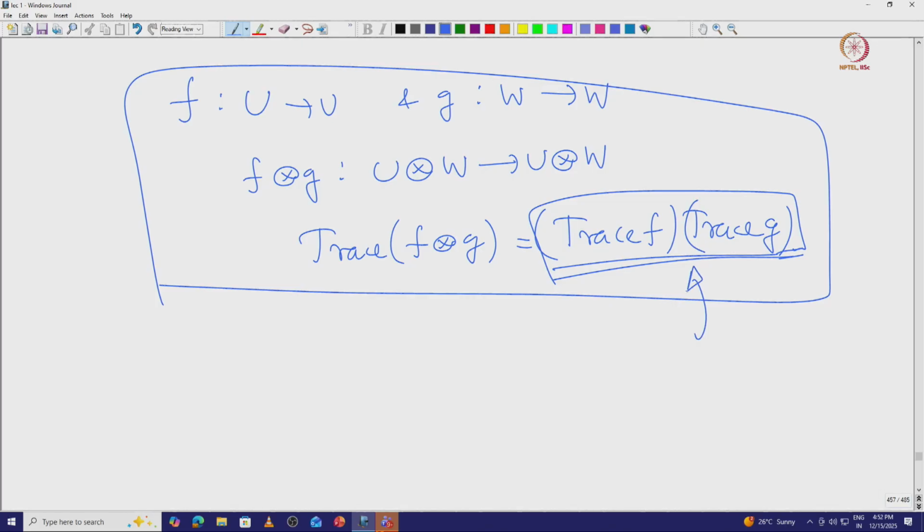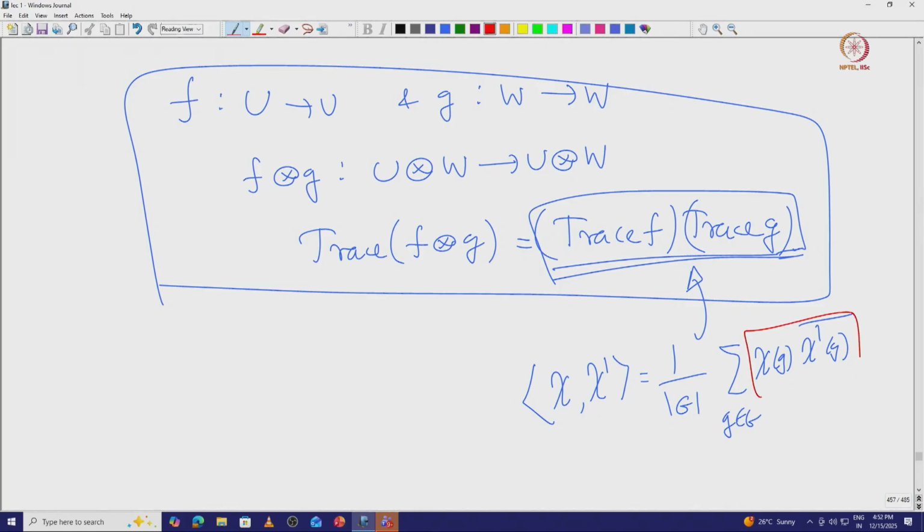If we take the inner product, recall that for chi and chi dash, it is given by 1 divided by |G| times the summation over g in G of chi of g times chi dash of g bar. You can see that the sum is running over a product, and that product is basically the trace of rho g times the trace of rho dash g.